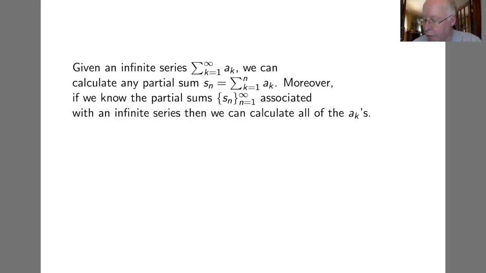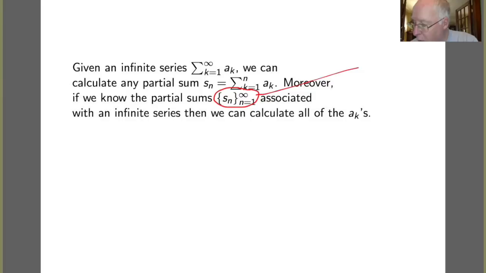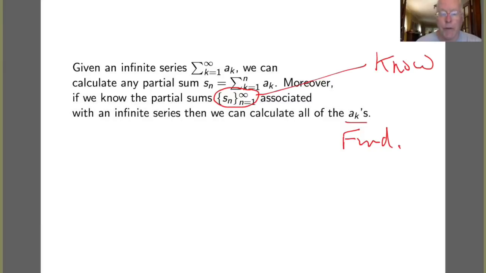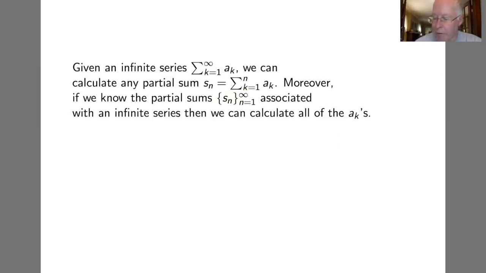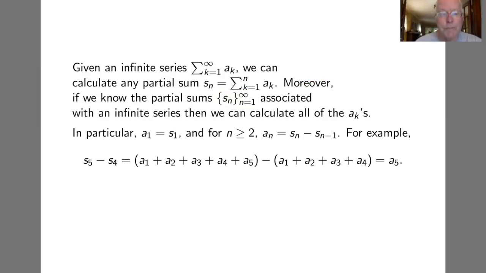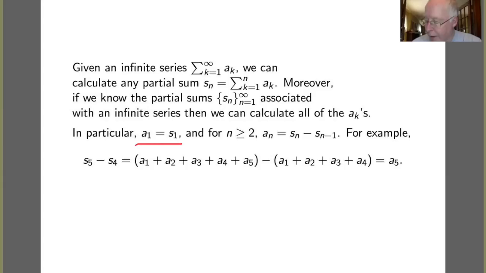So in other words, we're going to show now that if we know all the numbers in that sequence, then we can find a1, a2, a3, etc. This really isn't hard to do, just takes a little subtraction. So first of all, a1 is pretty easy because a1 is just S1, because S1 is the sum of just the first term of the series.